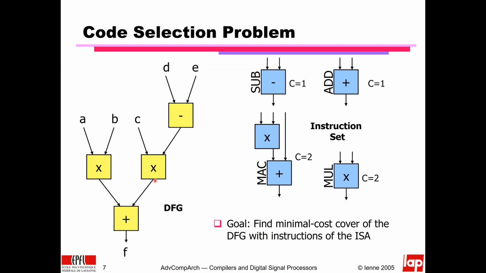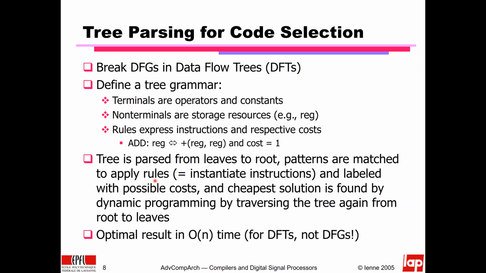So whenever you have reuse of a variable in different computations, you will have a forest, a set of trees, and for each tree you will use a tree grammar. Essentially, you define all the instructions like this one: if I need to do an add and I need to produce a register, I can do it from any two registers and it has a cost of 1.